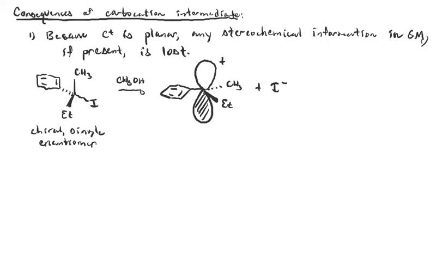You go from a molecule that lacks a plane of symmetry to one that has a plane of symmetry. And so what that means is that my methanol has an equal probability of coming in at the top, call that path A, or at the bottom, call that path B.